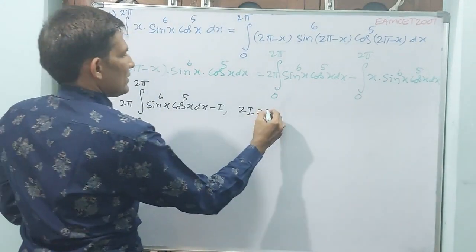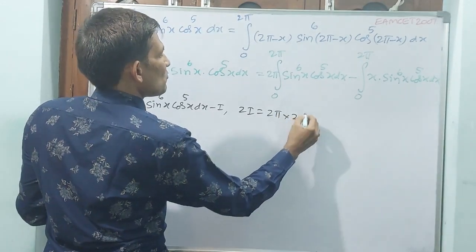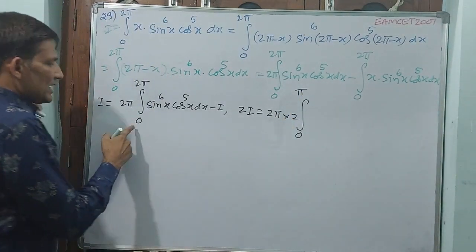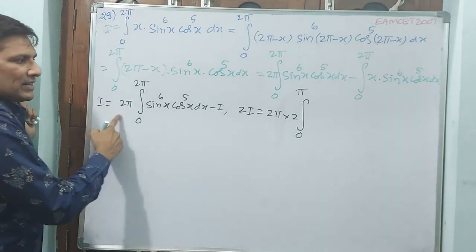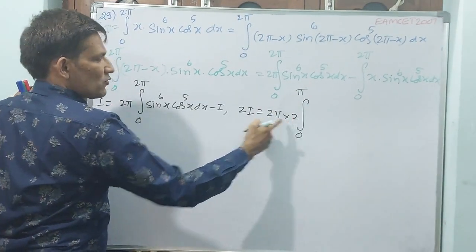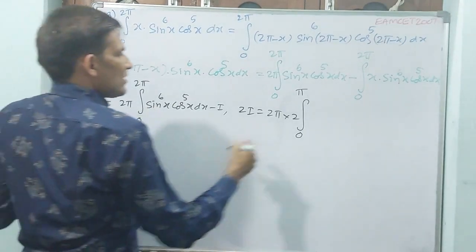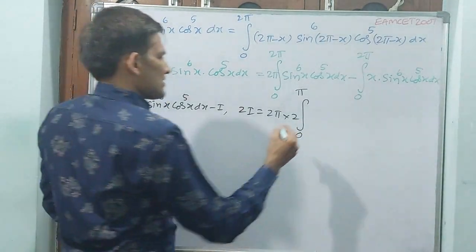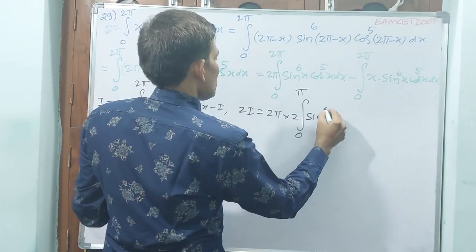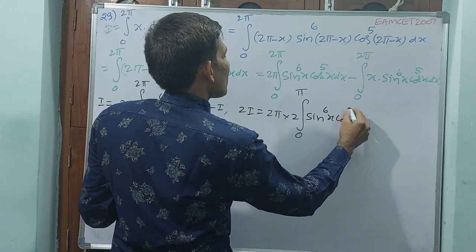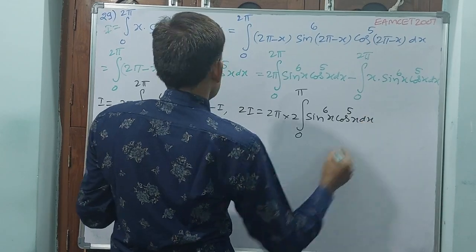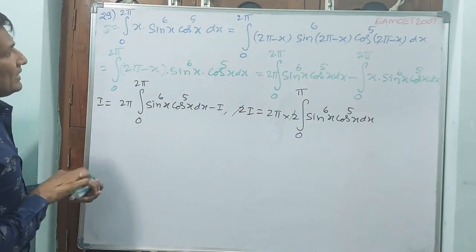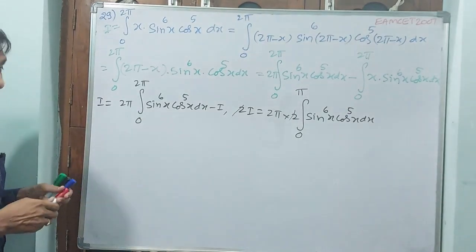Let me write 2 pi into 2, 0 to pi, sin to the power of 6x cos to the power of 5x dx. These two I am going to cancel out. Then I will directly come.